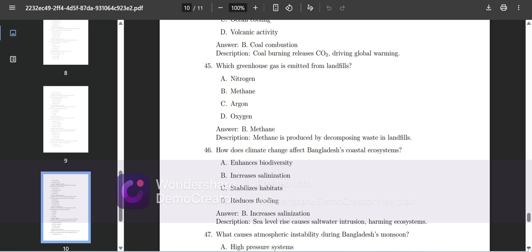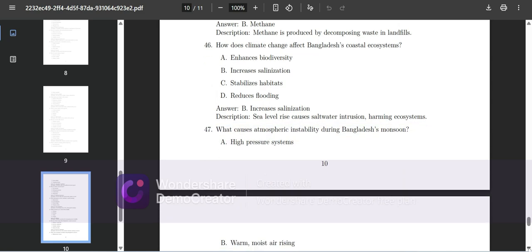How does climate change affect Bangladesh's coastal ecosystems? Increased salinization. Sea level rise causes saltwater intrusion, harming ecosystems. What causes atmospheric instability during Bangladesh's monsoon?